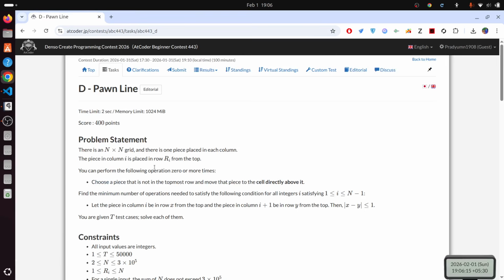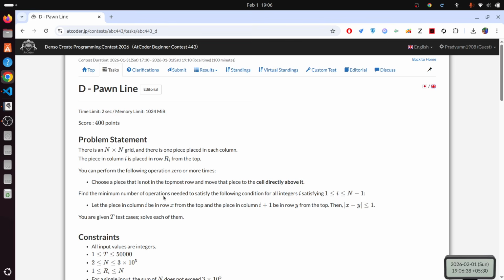Pawn Line. So there is an n by n grid, and there is one piece placed in each column. The piece in column i is placed in row Ri from the top. You can perform the operation 0 or more times: choose a piece that is not in the topmost row and move that piece to the cell directly above it.